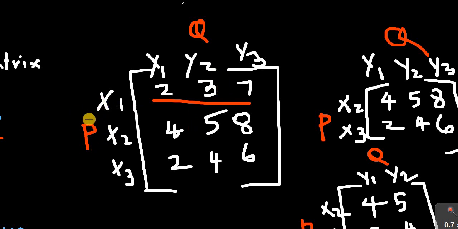But what is the aim of P? The aim of P is to maximize his minimum gain. Am I correct? So what he is doing, he is striking out the first strategy. He is not playing the first strategy. He is taking only the second strategy and third strategy, because the first strategy gives him very little gain, so it is better that he avoids that particular strategy.